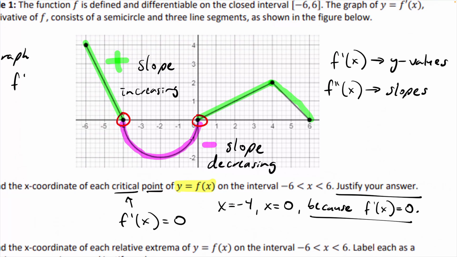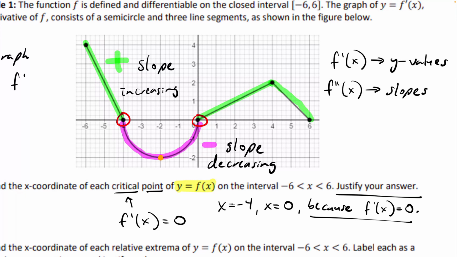Negative 2. Look at negative 2. If I was to draw a tangent line at that orange dot there, would it be increasing, decreasing, or 0? 0.